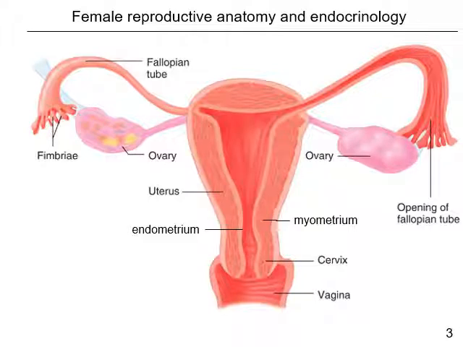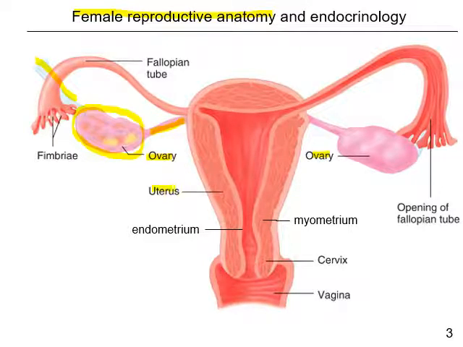This slide shows a schematic image of female reproductive anatomy. It shows the ovaries, two of them, connected to the rest of the body by some ligaments that you don't need to know the names of.